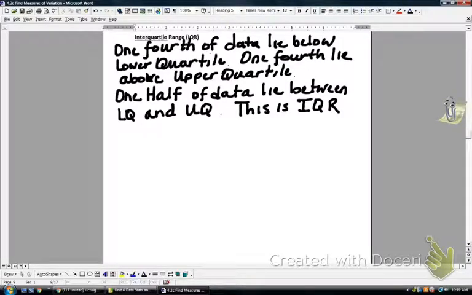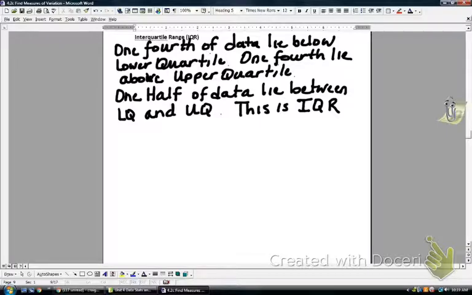All right, the interquartile range, it's kind of a hard definition to wrap your mind around, and this may not make sense for a couple more lessons. How you find it is relatively easy, but the definition itself might be a little bit difficult, but it will make sense in a couple lessons.